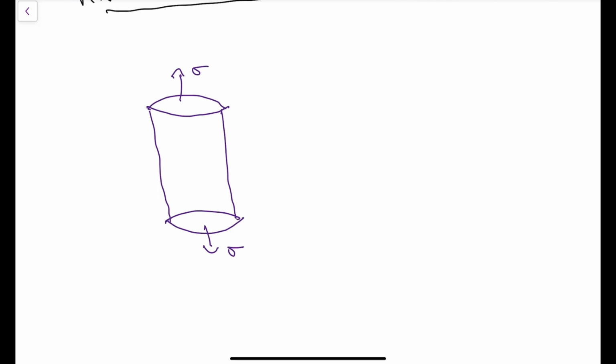Then we take an inclined plane here, and this is the vertical axis. This line is perpendicular to this plane. This angle is phi d, and this angle is phi n.